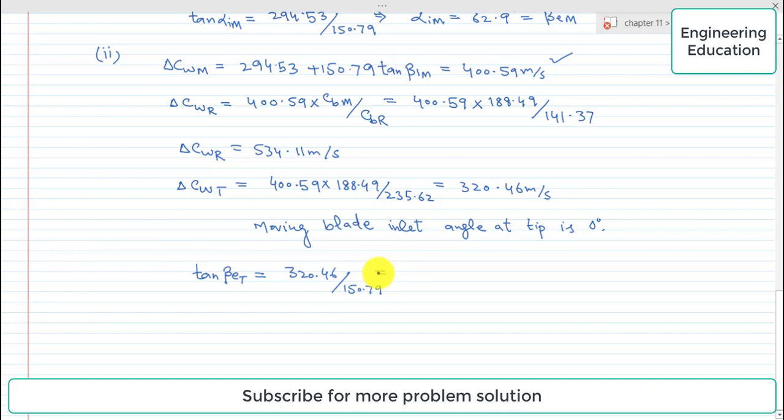I am directly putting the values. So beta ET will be equal to 64.8 degree.